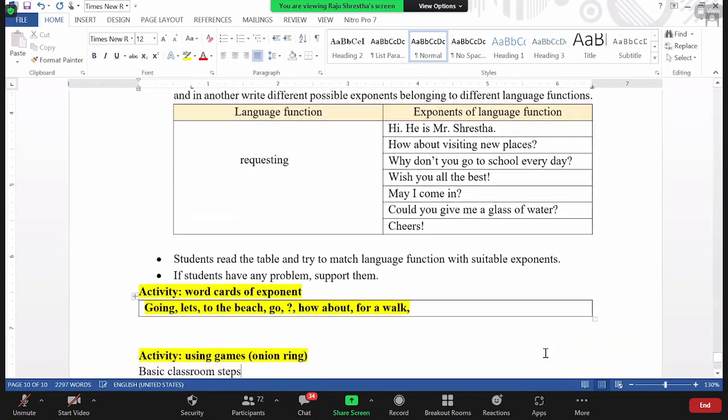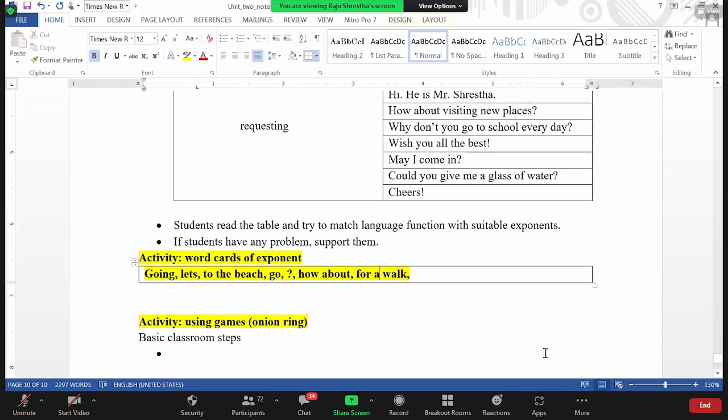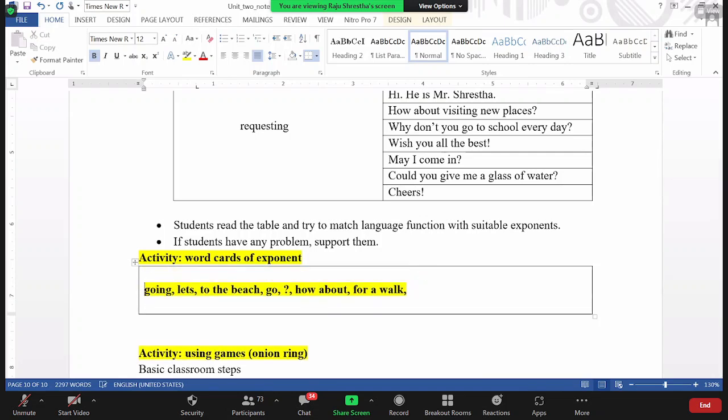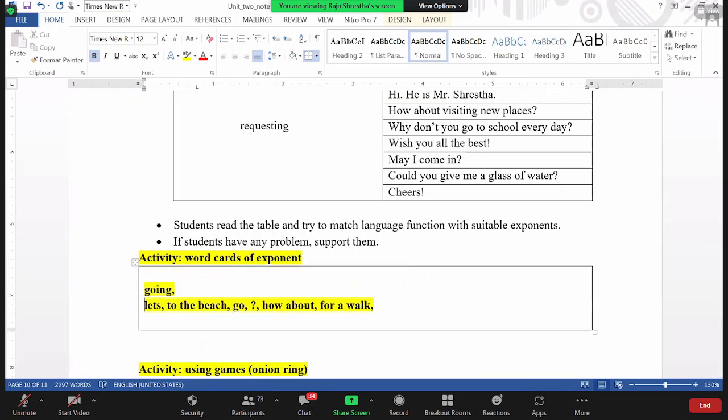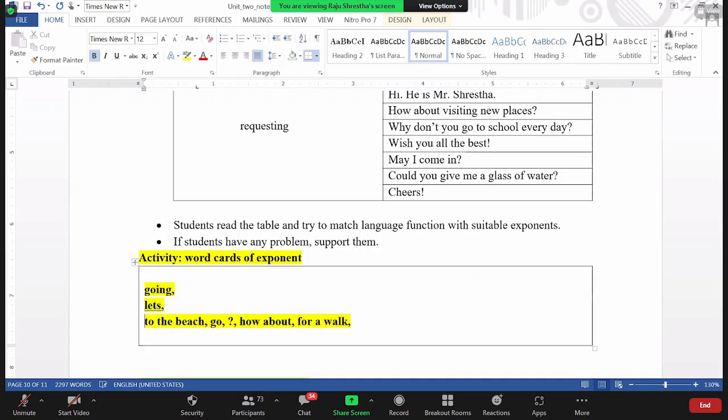Simply we can use this kind of activity, word cards of exponents, like just before we did this activity. Like one box can be here, and these words are randomly put, placed in different locations.